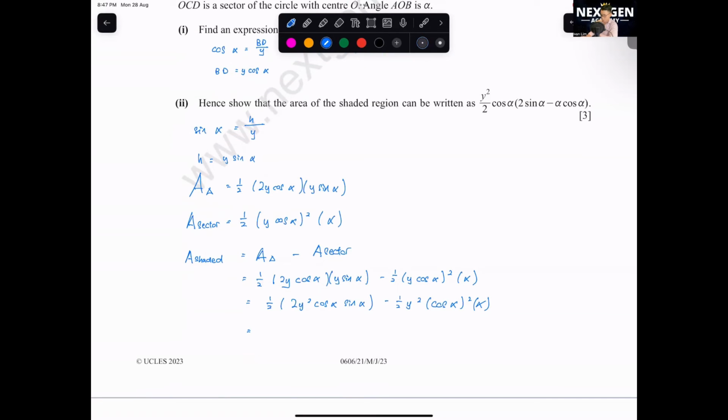Then you factorize the whole thing out to the form that they want, which is y square over 2 cos alpha, 2 sine alpha minus alpha cos alpha. Just need to factorize it to get it in the form that they want. Okay, 2 more questions.